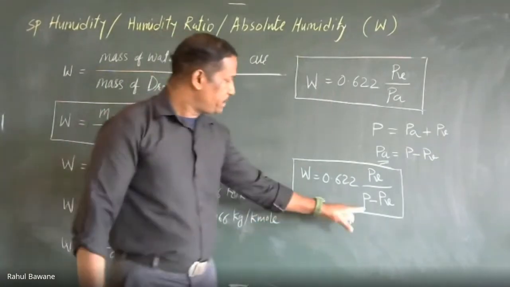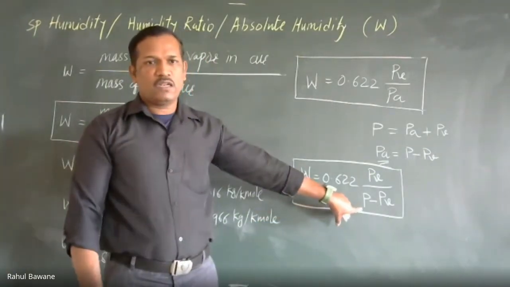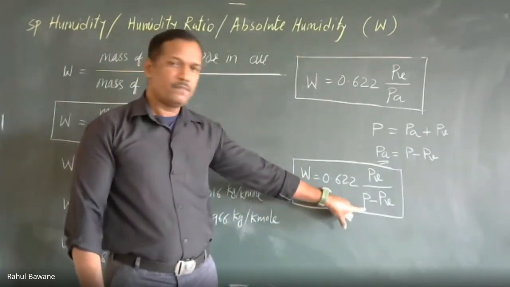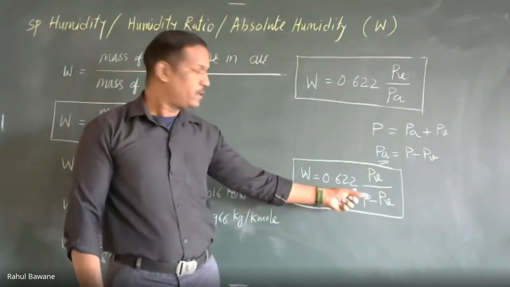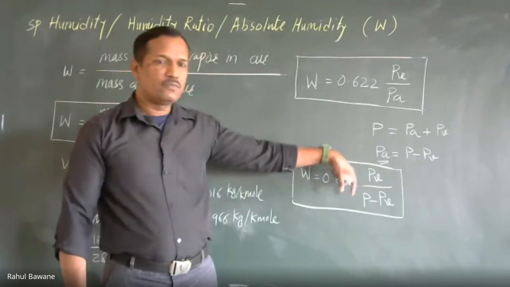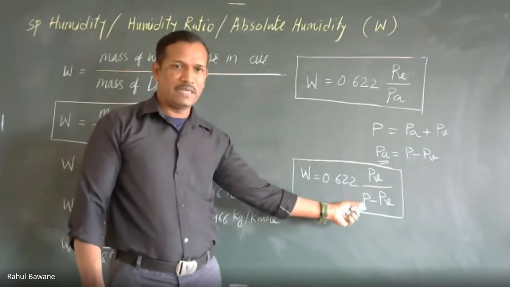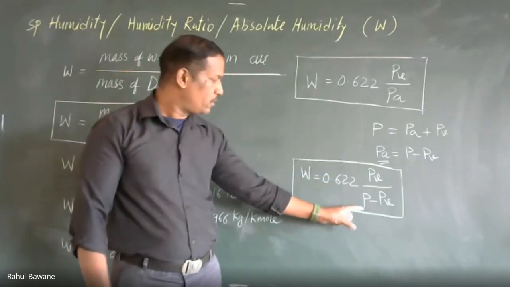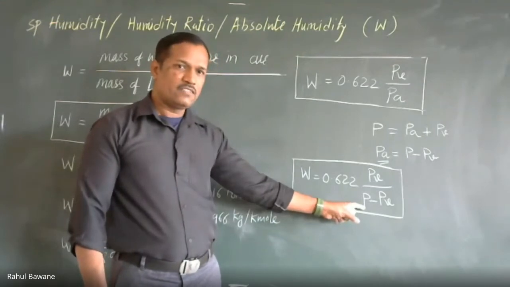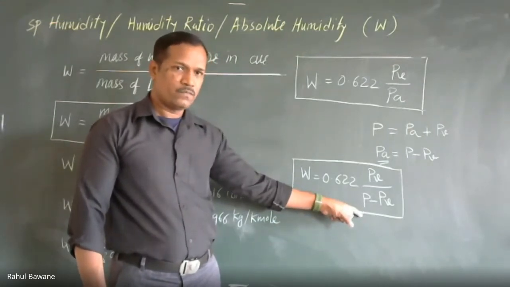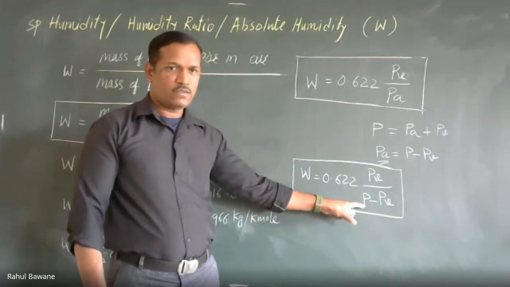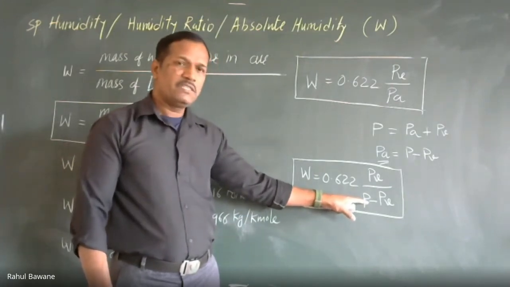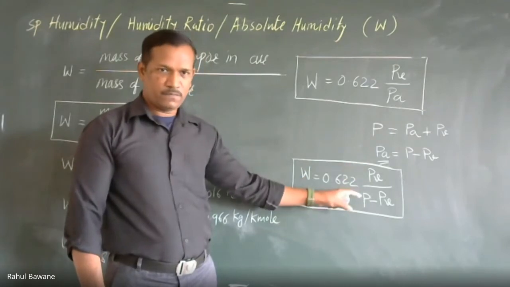Now what is this P? P is the pressure of the total air. If I am measuring the pressure of this room air, it will be the atmospheric pressure at this particular location, so it remains constant. Atmospheric pressure changes according to height only.